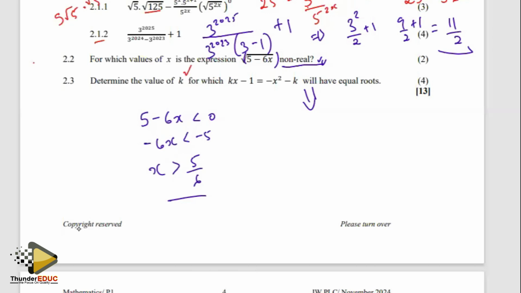Determine the value of k for which the expression will have equal roots. So we know that for equal roots, the discriminant b squared minus 4ac must be equated to 0. So let's create a standard equation from this, move everything to the left-hand side. So x squared plus kx, we're saying plus k minus 1 is equal to 0.